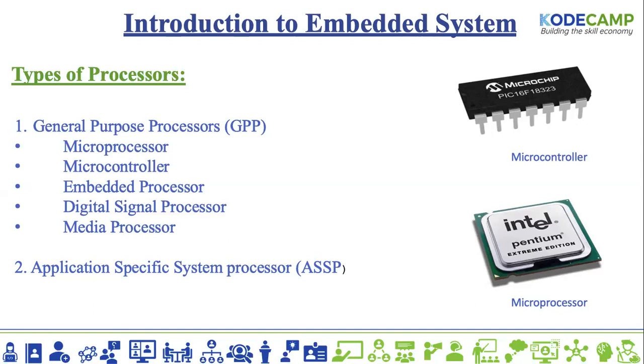It's designed for a specific purpose. That's what I mean by the application specific system processor. In the course of this class, we're going to talk more about that. So let's pick the first one, which is the processors, and talk about the processors.